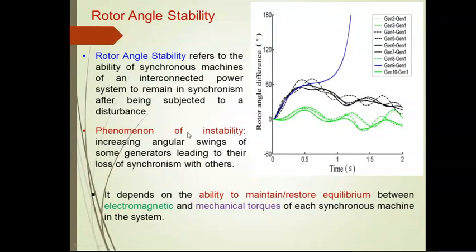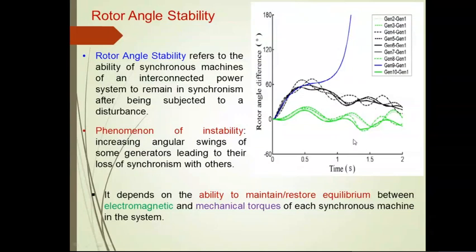Now, what is this phenomenon of instability? It is actually the increasing angular swing of some generator. As shown over here, it is just for one generator, but it could be the increase in the angular swing of some generators leading to loss of synchronism with respect to the others.